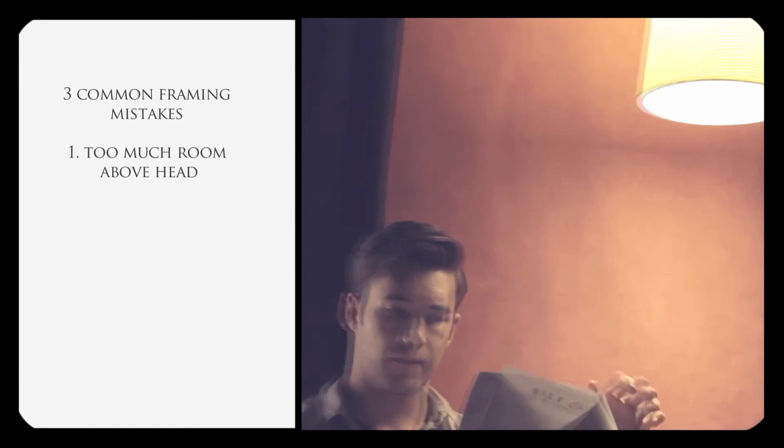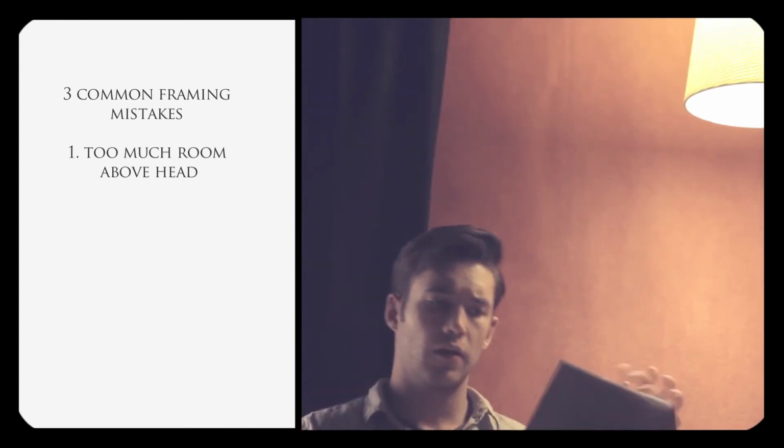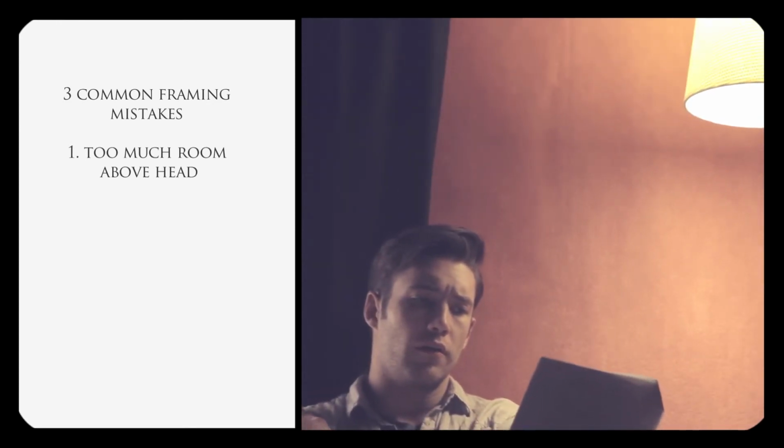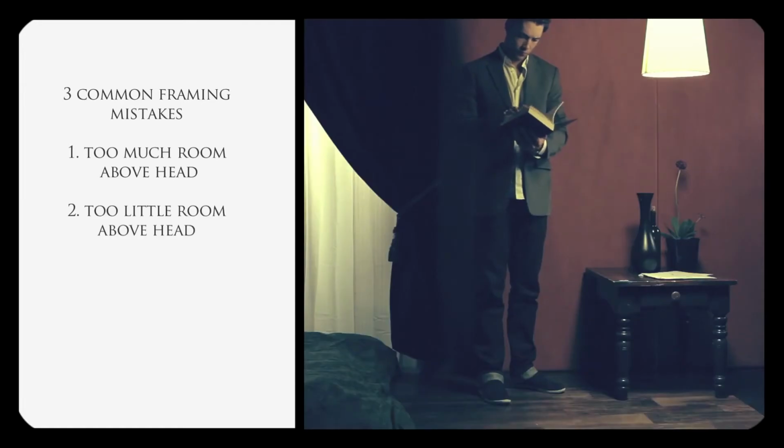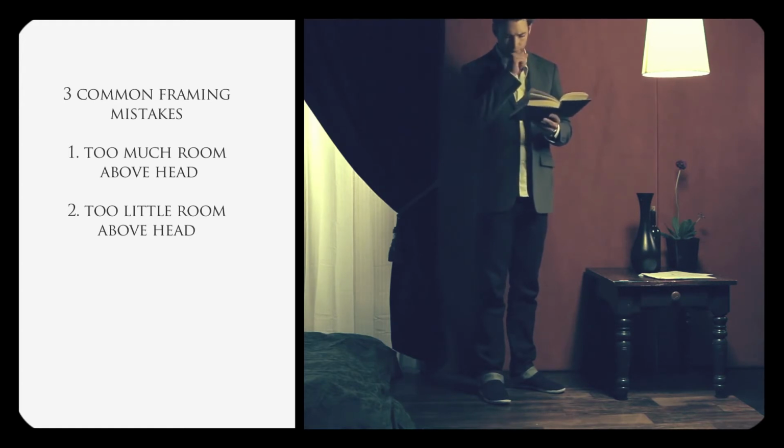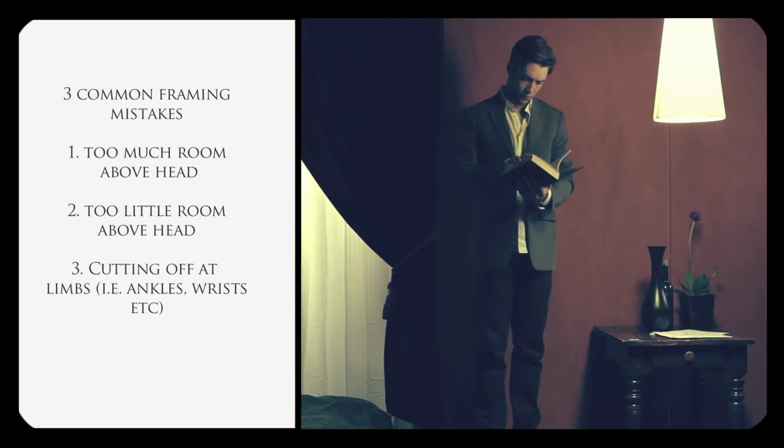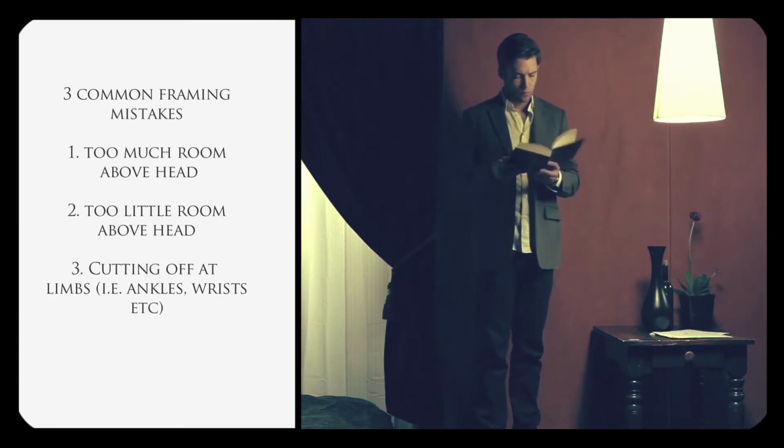They leave too much room above the subject's head, which creates dead space. 2. They fail to leave enough room above the subject's head, clipping the top of their head with the top wall of the frame. While this may be advisable for some close-up shots, this is not advisable for medium or full shots. 3. They cut off or amputate their subject at the joints of their limbs.